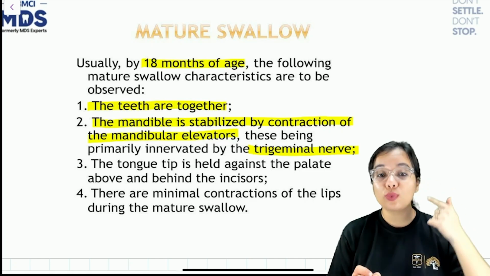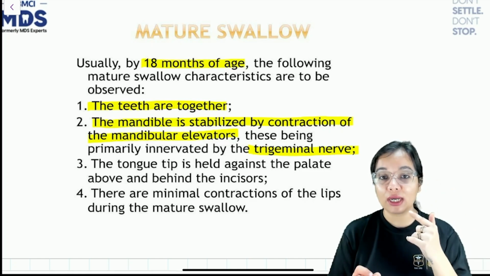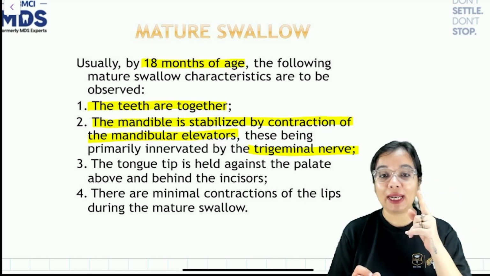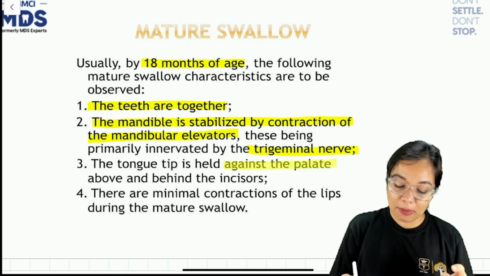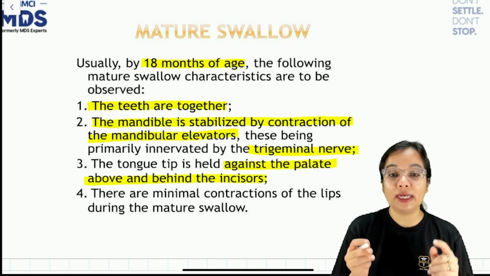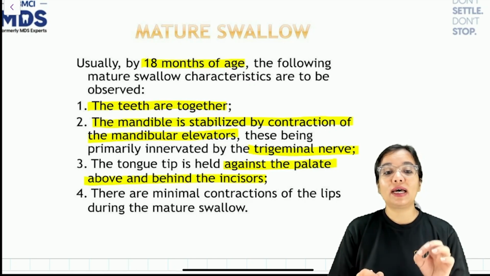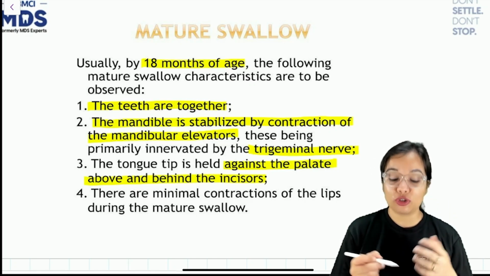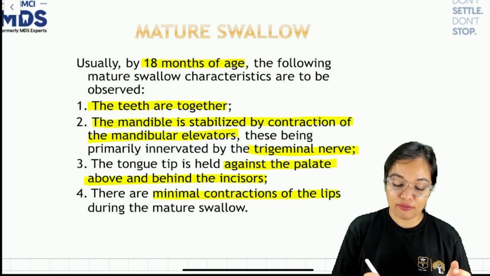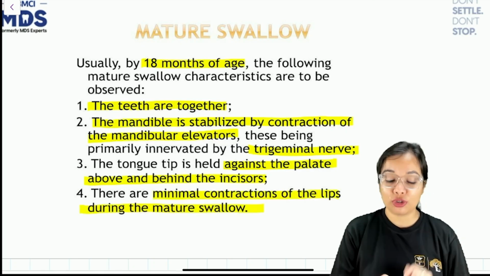There are minimal contractions of the lips during a mature swallow.